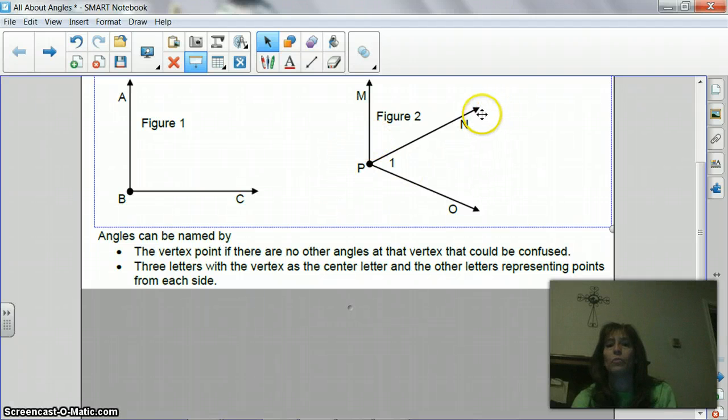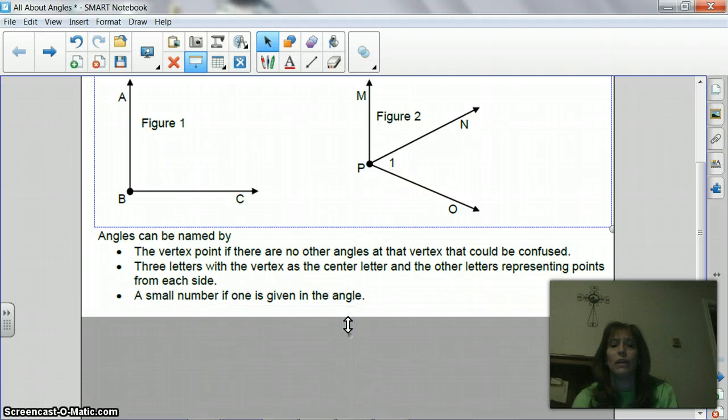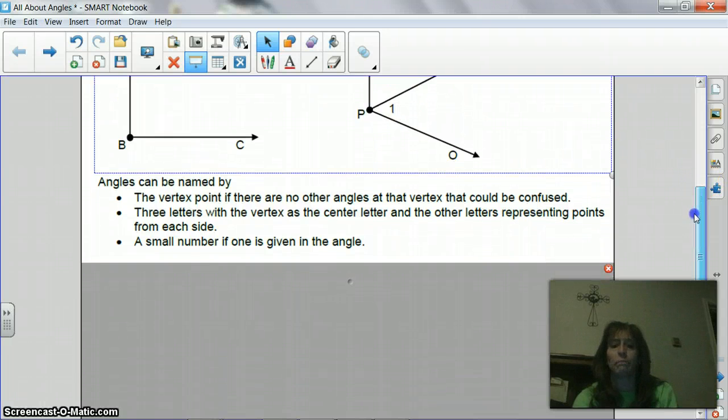And this bottom one would be NPO. Now I could also say it as OPN as long as the P is in the middle. Alright, and the last way is if you have a small number that's given inside the angle. For instance, I have this 1 right here, so it could also be named angle 1.